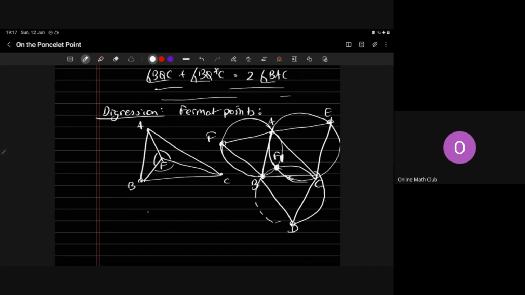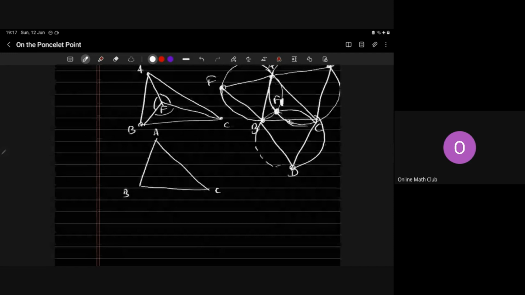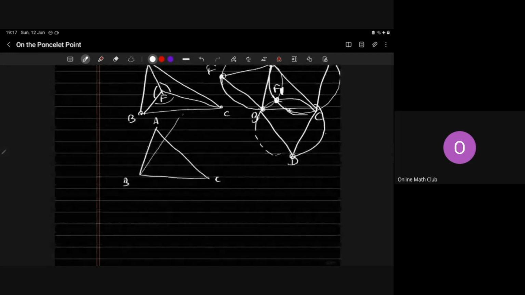Similarly, if you erect the equilateral triangles the other way, I erect them this way, call them D prime, E prime, F prime.